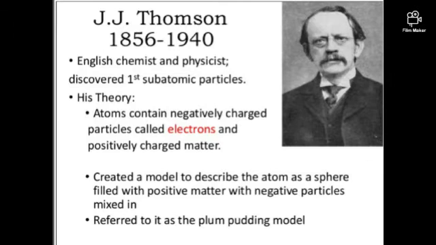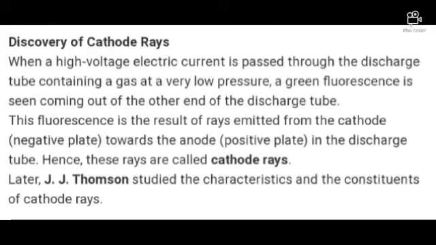He created a model to describe the atom as a sphere filled with positive matter with negative particles mixed in it. And he did the famous cathode ray experiment to prove that the atoms consist of negatively charged particles.